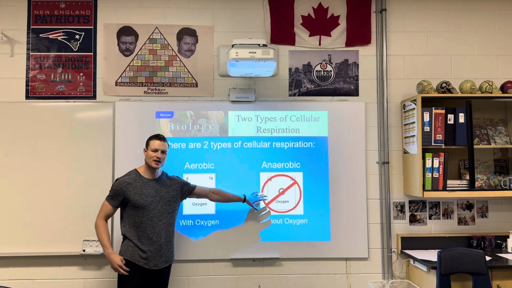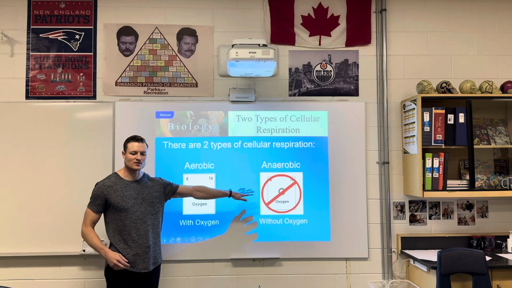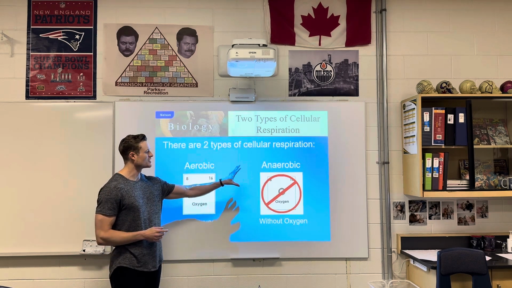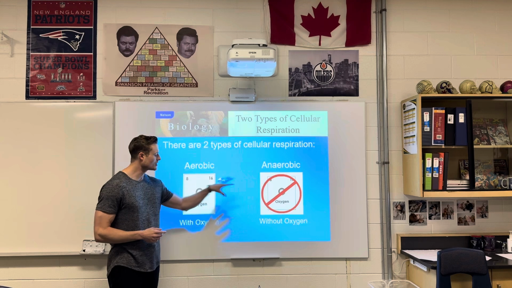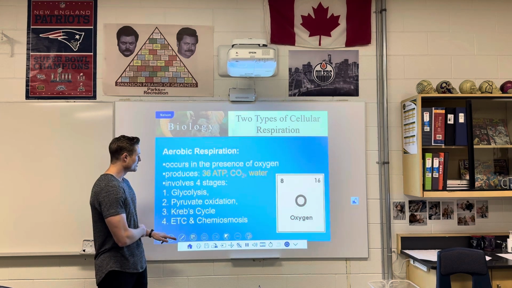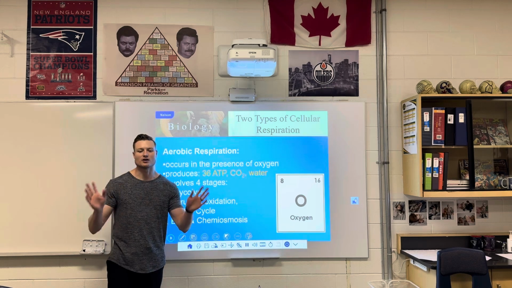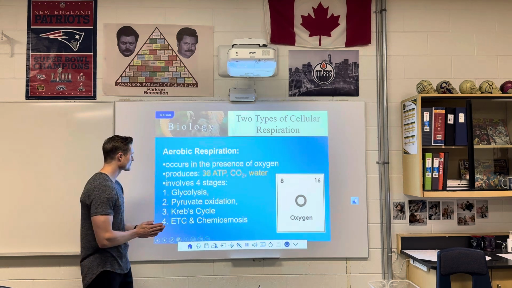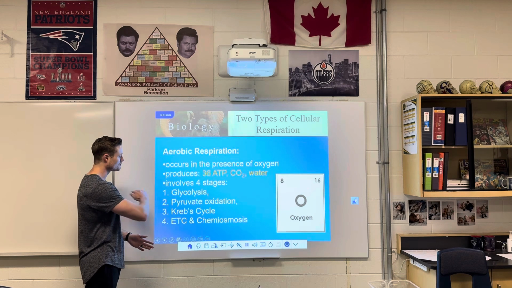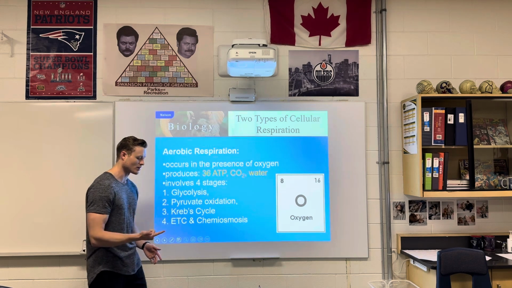We can still make ATP without oxygen, but it's not as efficient, and we call this anaerobic respiration. I'll show you both, but we're going to focus on the first step, glycolysis, which is present in both processes, aerobic or anaerobic.